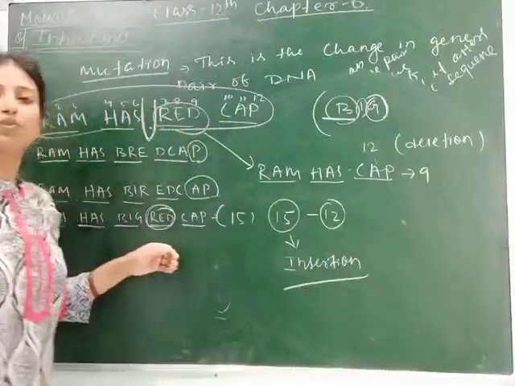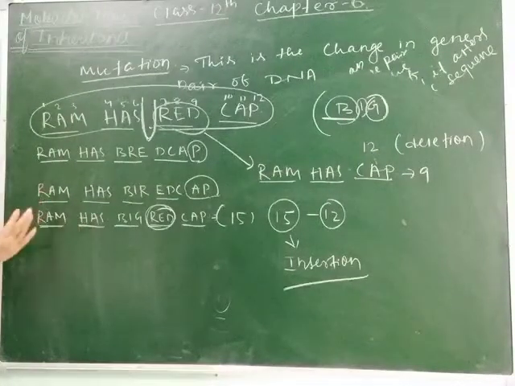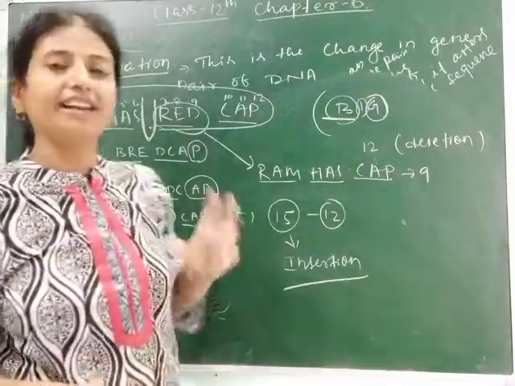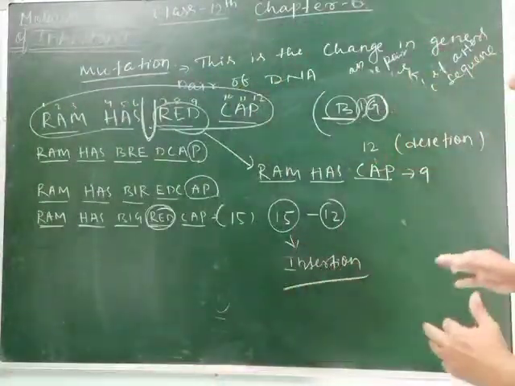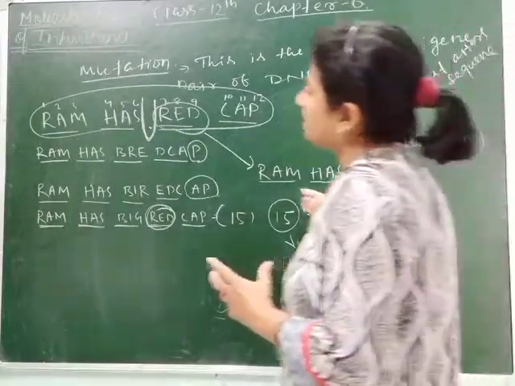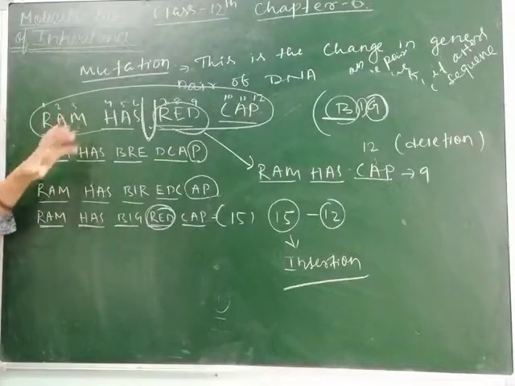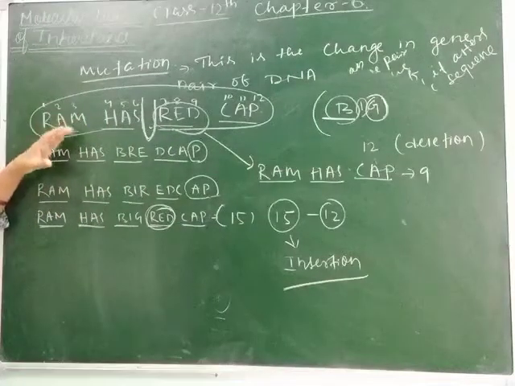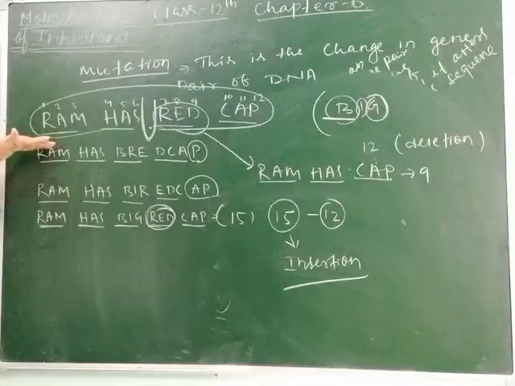So this type of mutation is called deletion or insertion mutation, which can be seen in organisms, due to which we can suffer from different types of disease unknowingly, or we show some variations from our parents. It does not mean that we do not contain our genetic or parental characters. We contain them, but still we show some variations and differences.